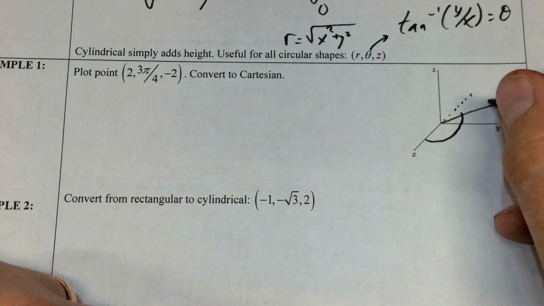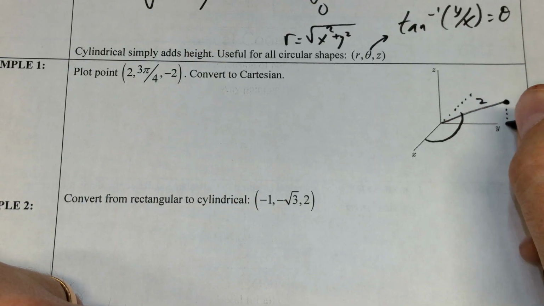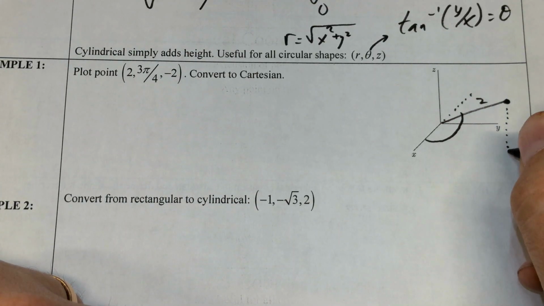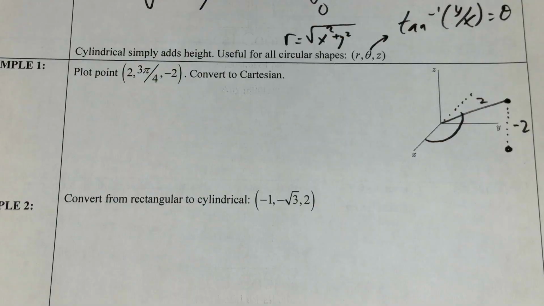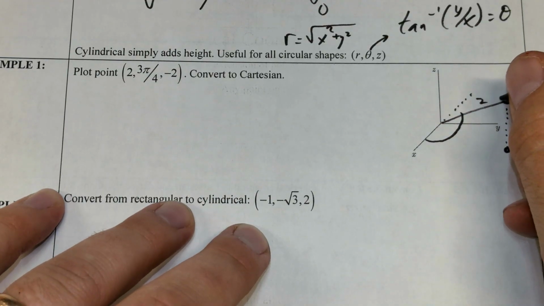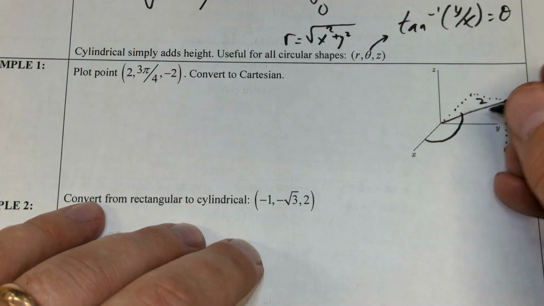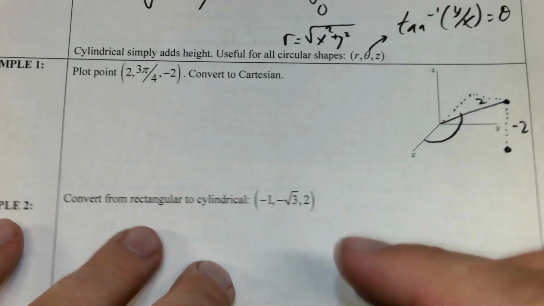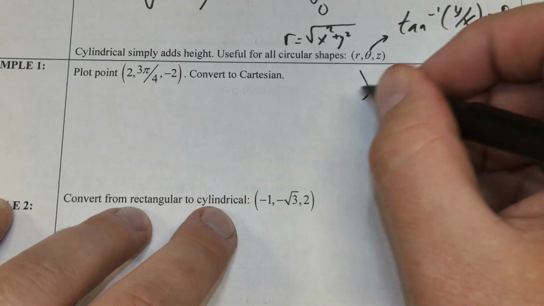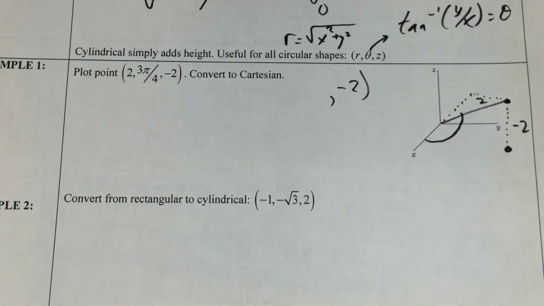I'm heading out at a distance of 2. And then I'm sending this thing down 2 spaces. Okay, that's not impossible, right? You can find the x and y coordinates here and then add that z is -2. Thankfully, I already know in my answer, it's going to be comma -2.